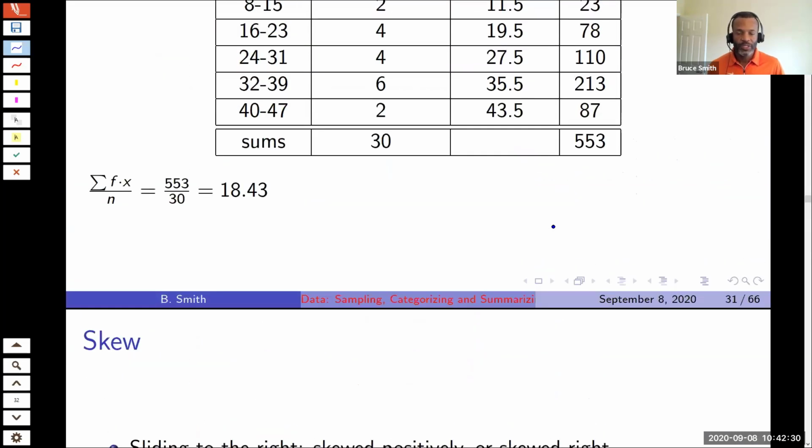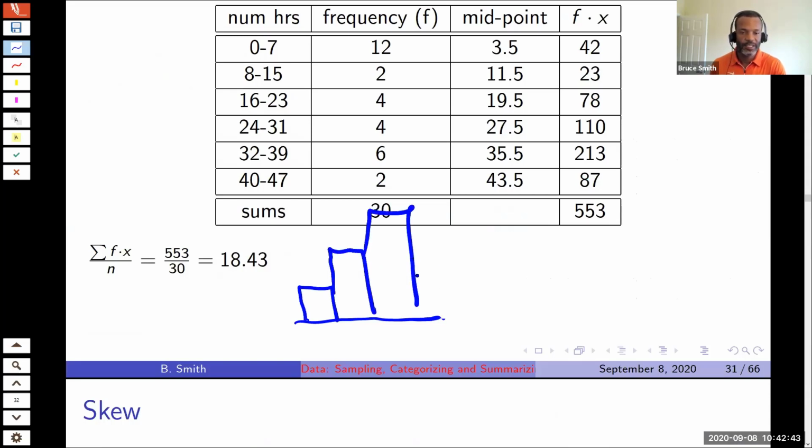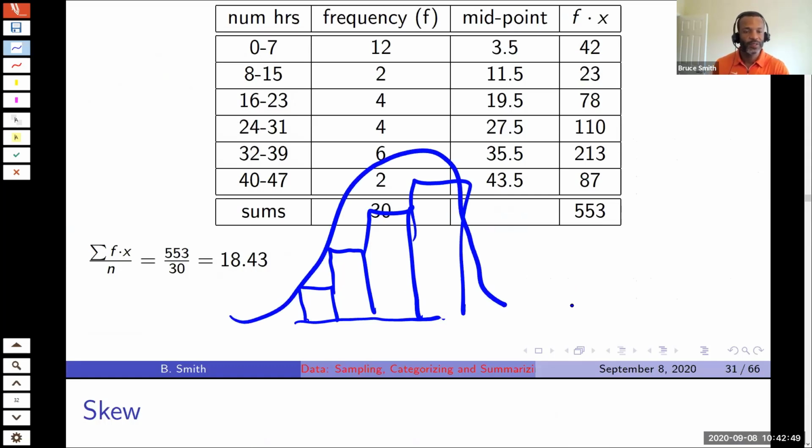I do want to mention one thing that's often confusing. Once you come up with a histogram that looks like this, maybe a plot that looks like this, or the histogram may go up steep and then look like this.